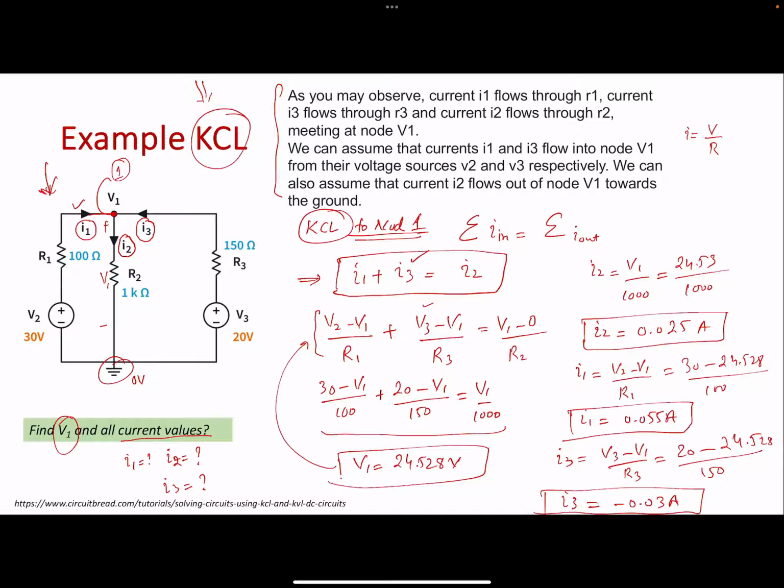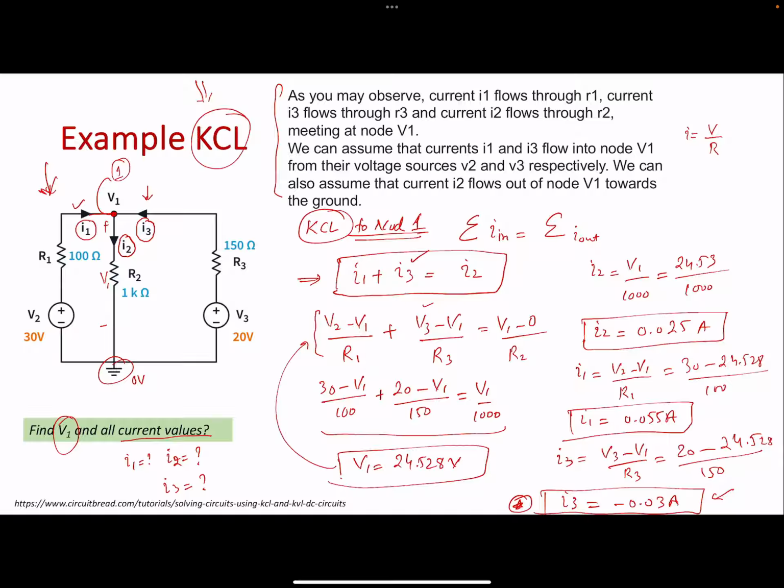Another important point I want to make is about this I3. In the circuit problem, the author who provided us with the problem, or if I make my own circuit, just assumes a particular direction of a current. For example, in this circuit, I3 was assumed to be flowing into node 1. But when we found its value, it came out to be minus 0.03 amperes.